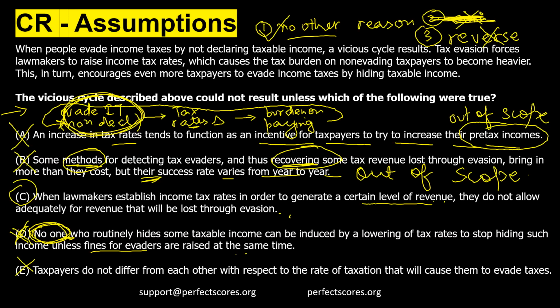For example, if you look at option C, the opposite of that would say that when lawmakers establish the rates to generate some expected level of revenue, they do consider the revenue that is going to be lost through evasion. So if this false statement, if this opposite statement is true, it actually weakens your argument. So that means C is the correct option because the opposite of C weakens your argument.